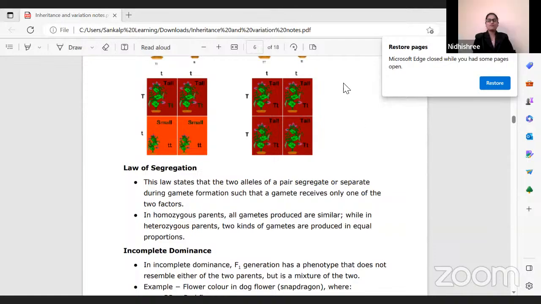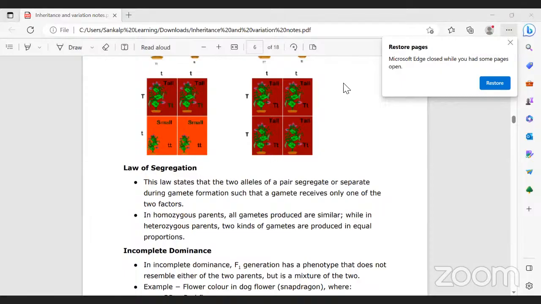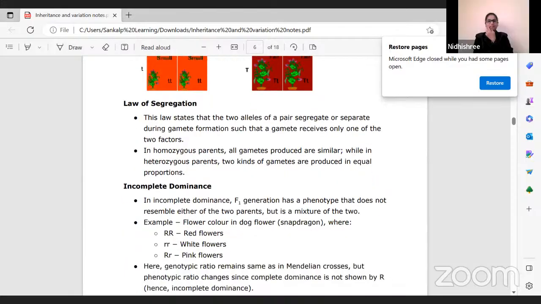Okay, read regarding law of segregation. This law states that the two alleles of a pair segregate or separate during gamete formation such that a gamete receives only one of the two factors. In homozygous parents, all gametes produced are similar, while in heterozygous parents, two kinds of gametes are produced in equal proportions. Continue with incomplete dominance.